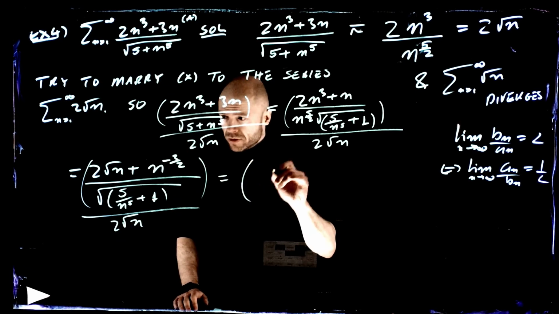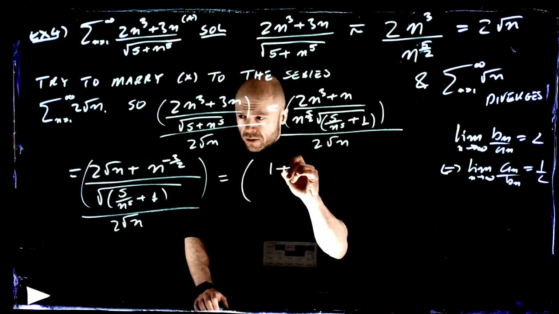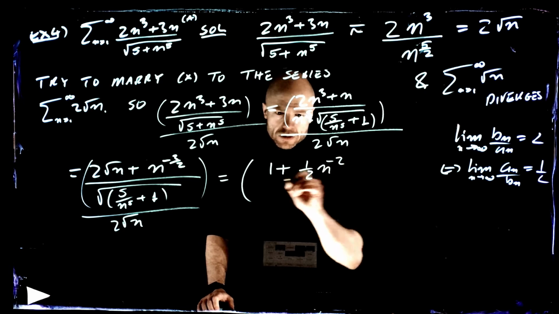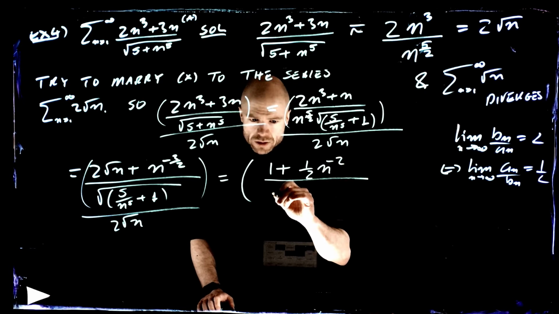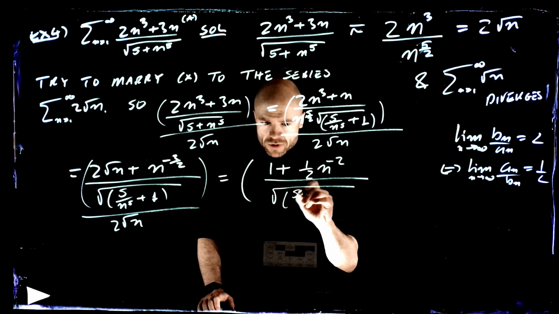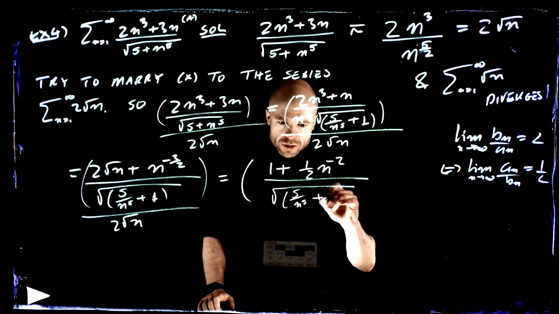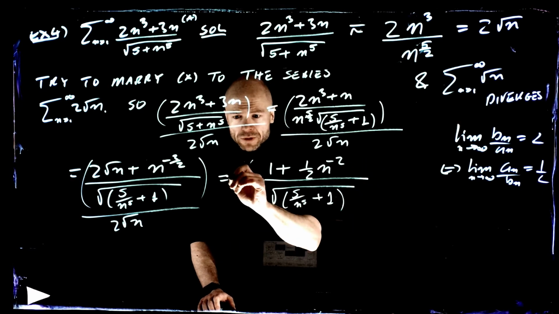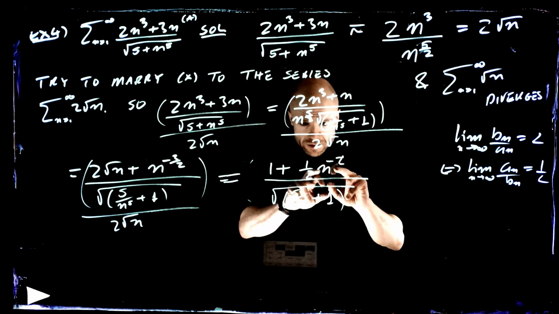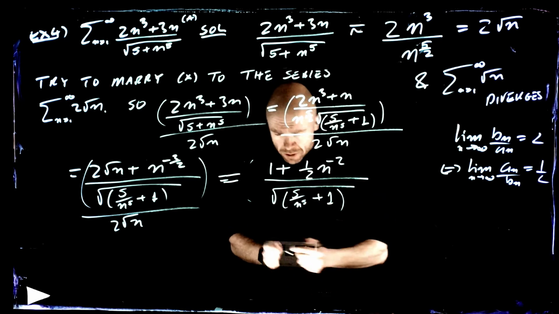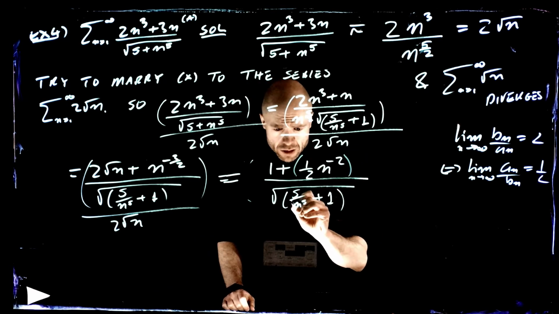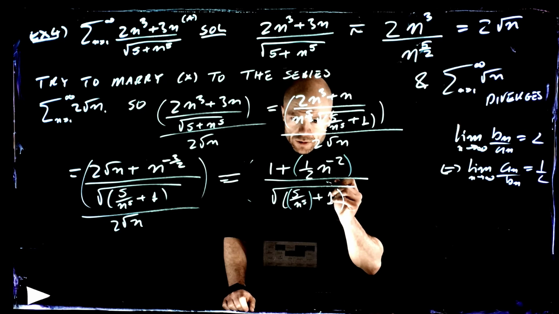So then we're just going to have 1 plus 1 over 2 n to the minus 2, over this thing, 5 over n to the 5 plus 1, and I don't need brackets anymore. Then we see what's happening: as n goes to infinity, this thing is going down to 0, this thing is going down to 0, so the limit of this thing is just going to be 1. Are you with me, people?